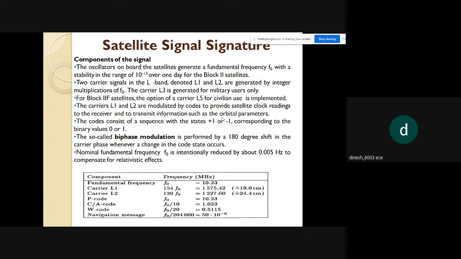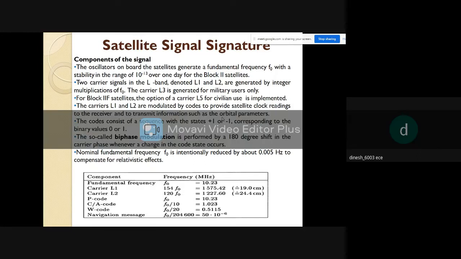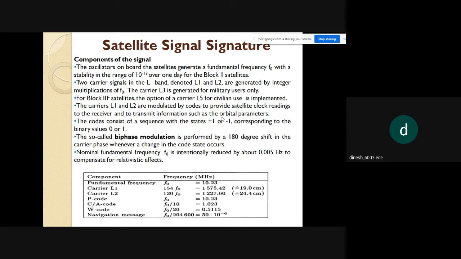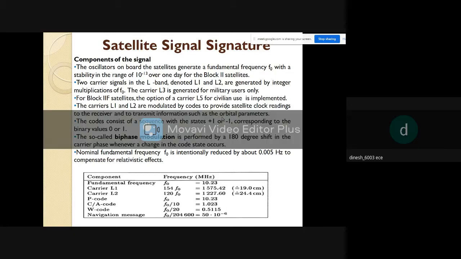So if you take a nominal fundamental frequency f0 having about 0.005 hertz, then the determination of the carrier frequencies can be done by using this standard.